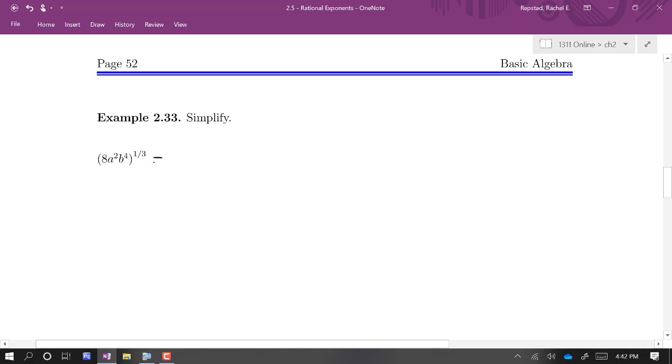Working through this, I would probably just leave it in exponential form, unless it looks like it might be convenient to put it in a radical form. But I've got a product I'm raising to the 1/3 power, so I'm going to distribute that power over the product.